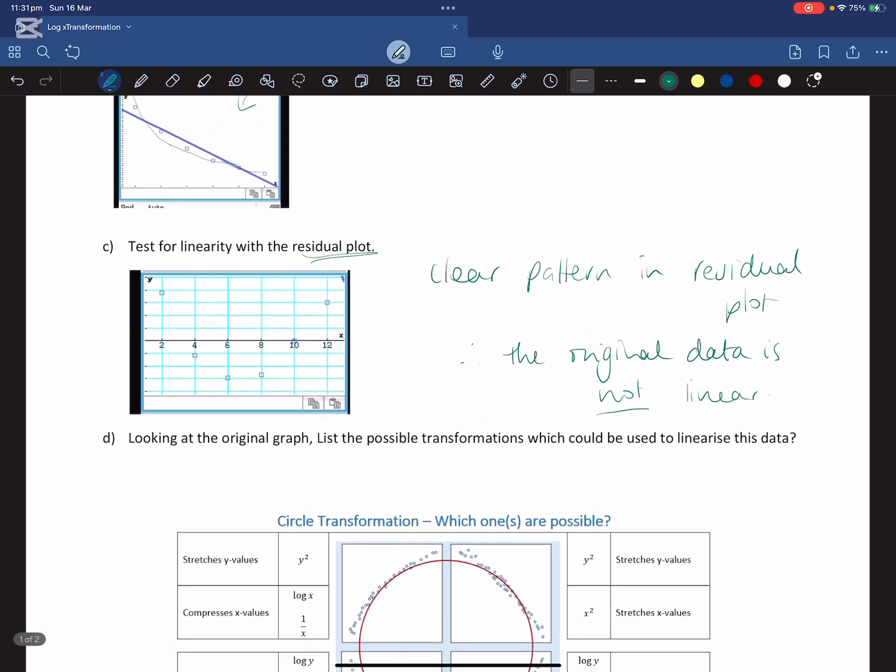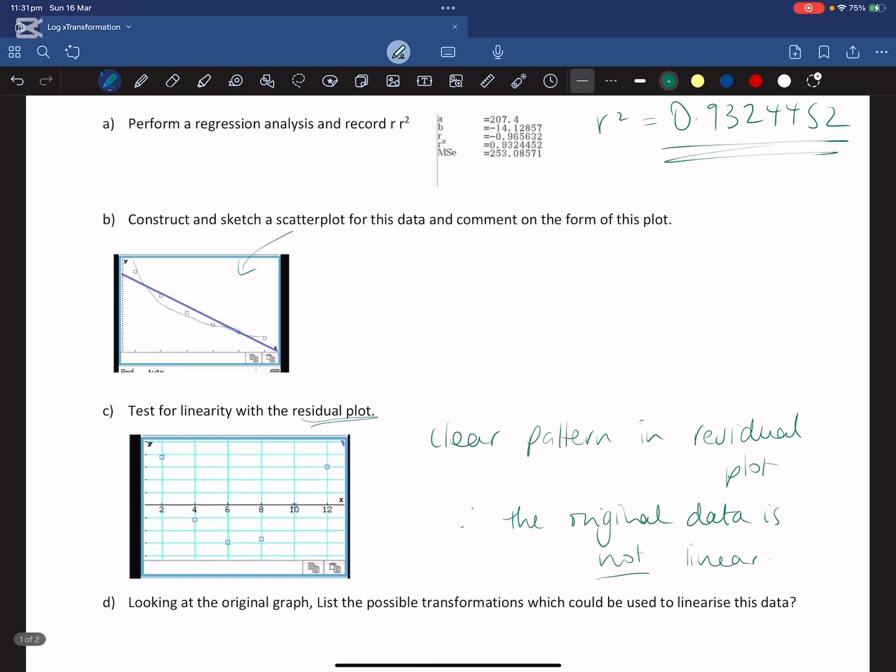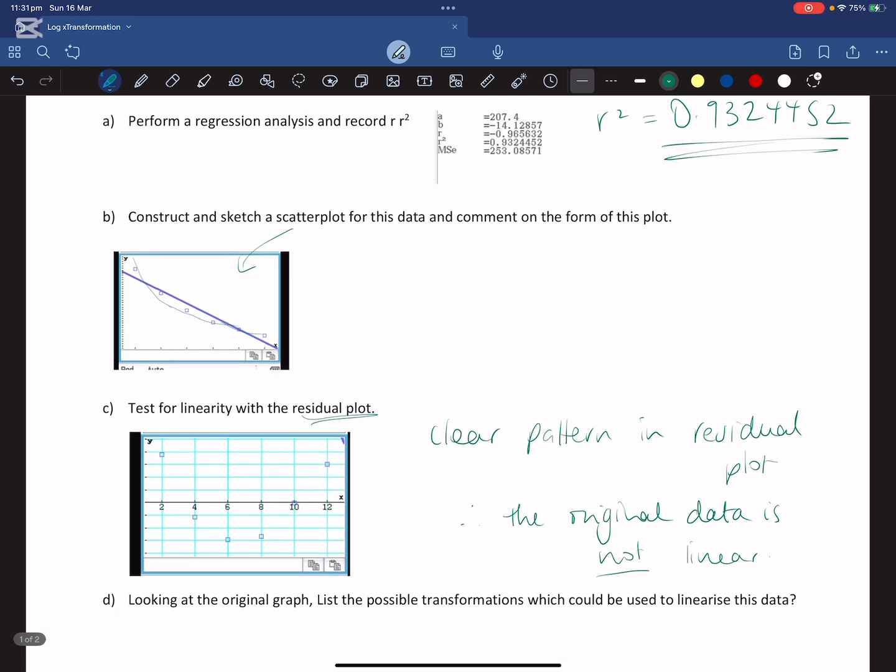All right, so we've determined that we need to do a transformation. Now, picking the transformation is based off your original shape. So see how the data is bending like this. So it's bending like that.